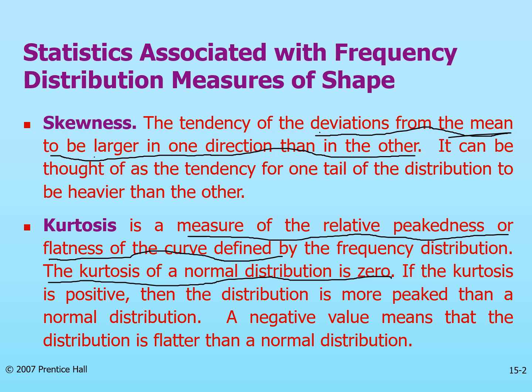So for the normal distribution, which is the normal bell shape, the kurtosis is going to be 0. If the kurtosis is positive, then the distribution is more peaked than a normal distribution. That is very important. If it is a negative value, it means flatter than the normal distribution.